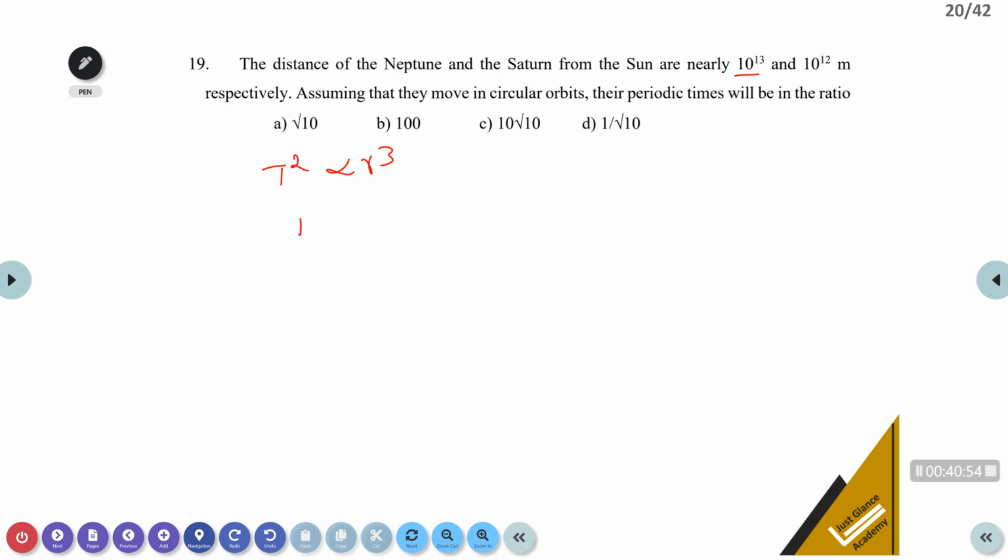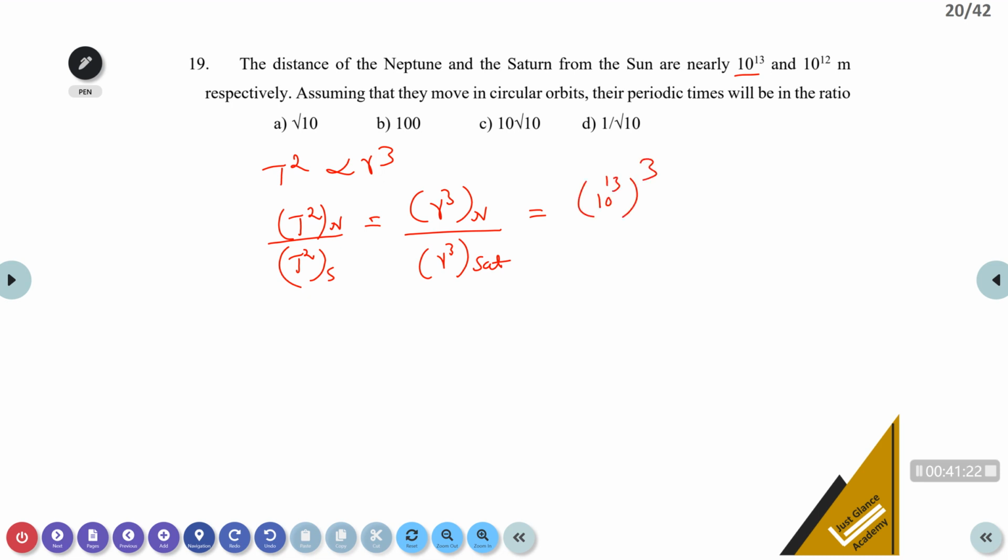T square of Neptune divided by T square of Saturn equals R cube of Neptune divided by R cube of Saturn. The distance of Neptune is 10 to the power of 13 raised to 3, divided by 10 to the power 12 raised to 3.